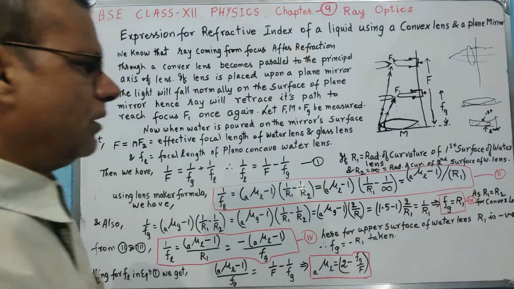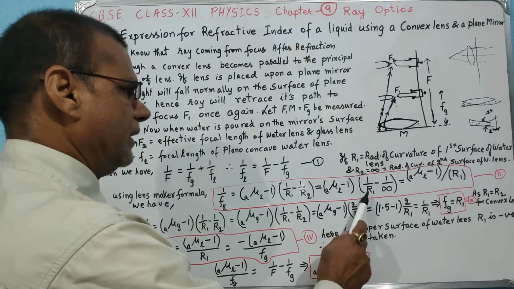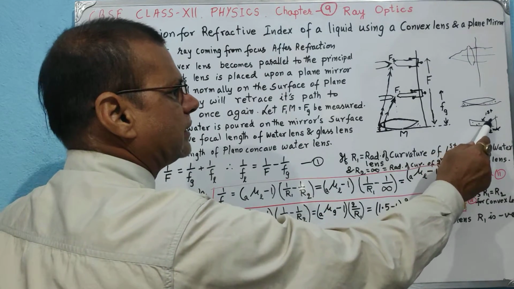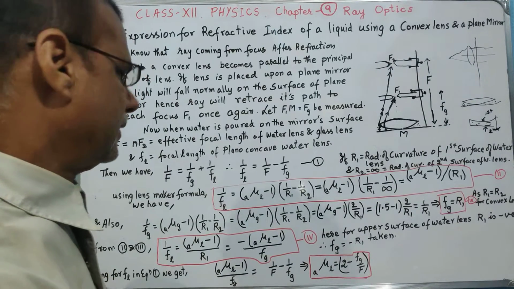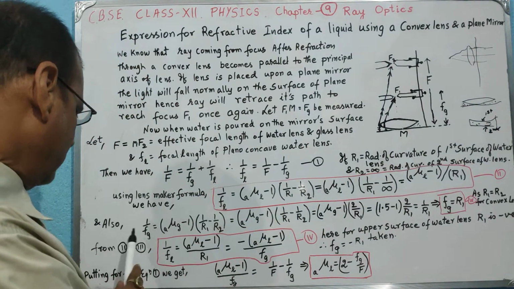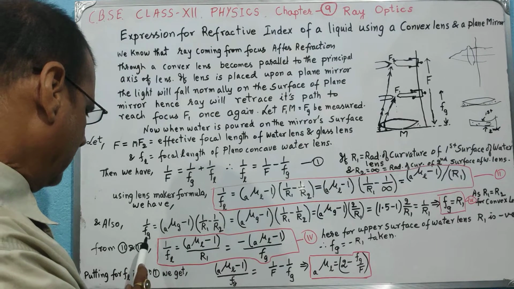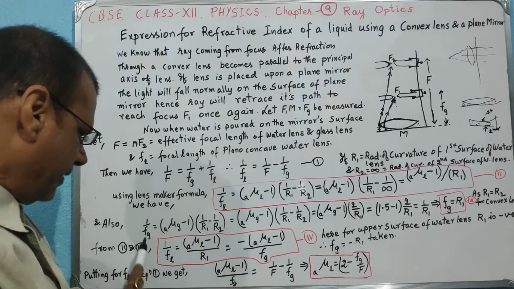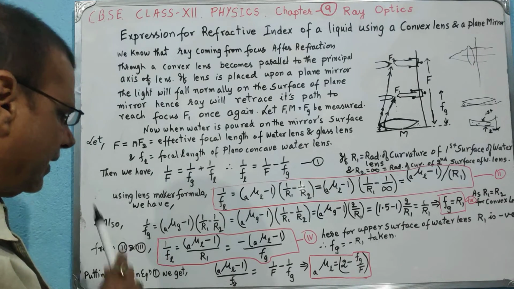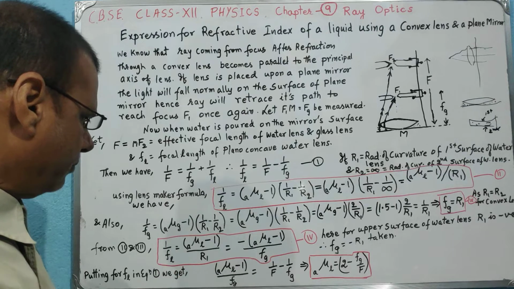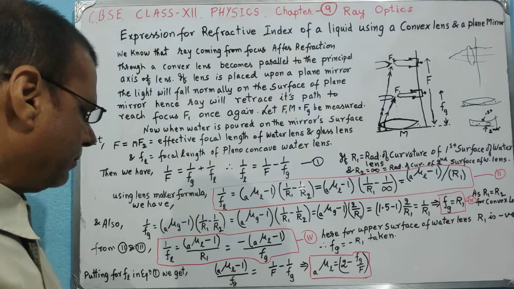So this is what we call equation number 2, where R1 is the radius of curvature of the first surface of the plano-concave lens, the water lens. Now again, using the same lens maker formula, for the glass lens we have 1 by Fg equal to the refractive index of glass with respect to air minus 1, within brackets 1 by R1 minus 1 by R2.